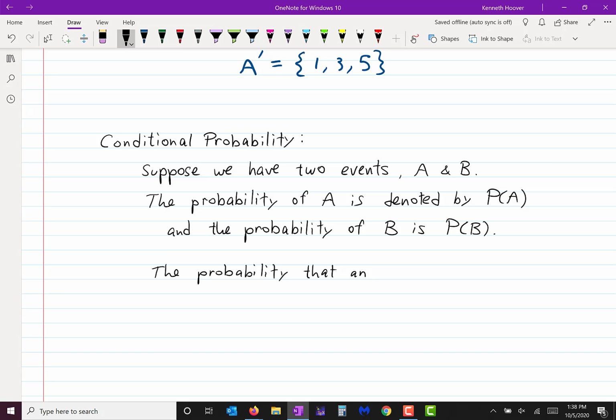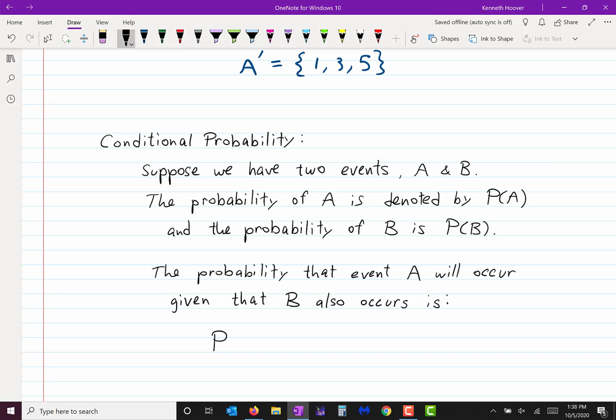The probability that event A will occur given that B also occurs is, first of all, the symbol for that is this.